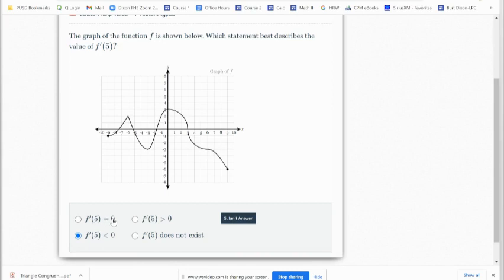So a slope of 0 means horizontal, or we have a negative slope, or we have a positive slope. And then remember we said at corners, like at -6 over here, the derivative does not exist at a sharp corner. So if they were asking about f prime of -6, we would say it does not exist. But in this case, at 5, it's clearly a negative slope.